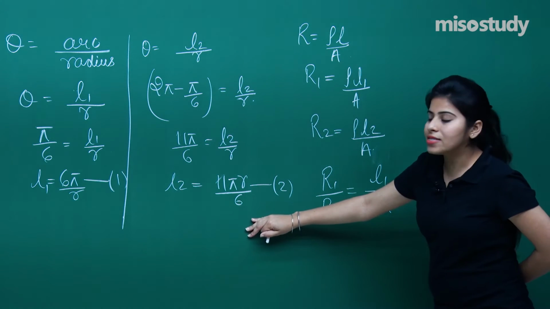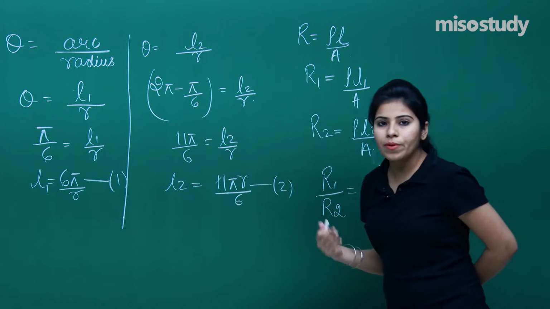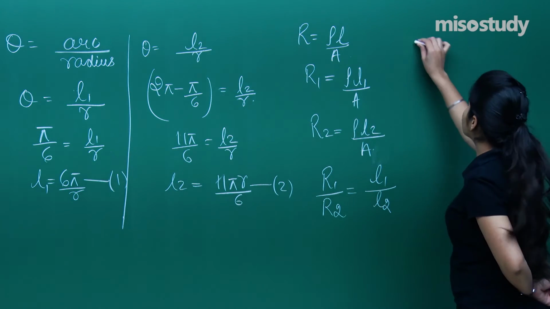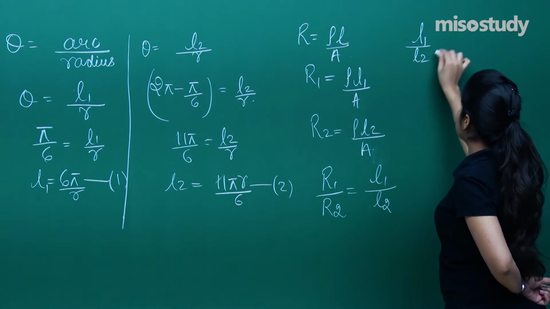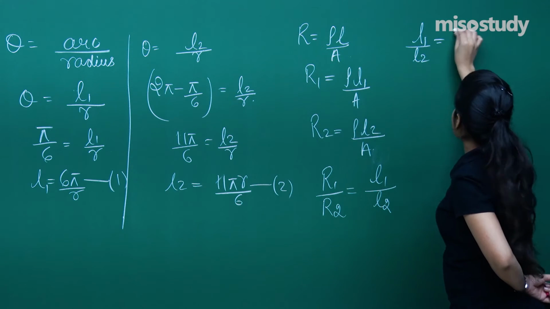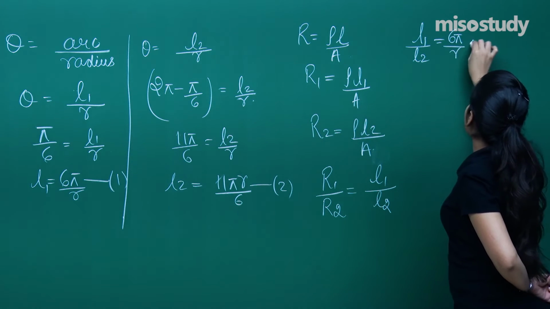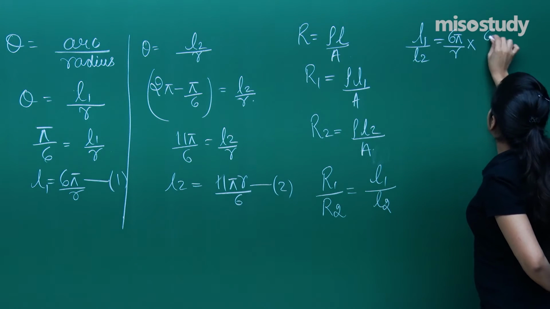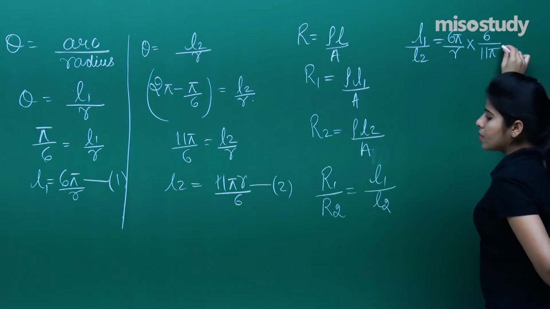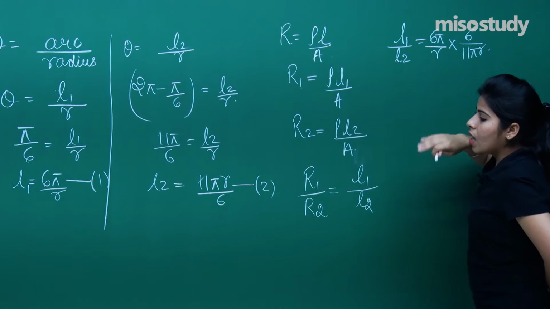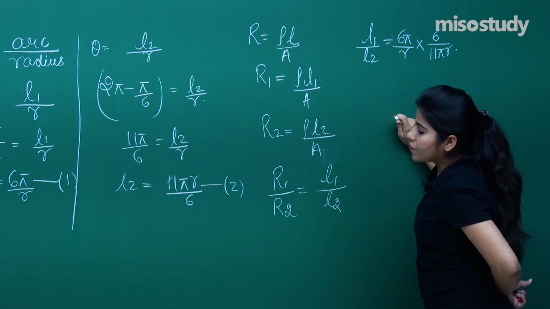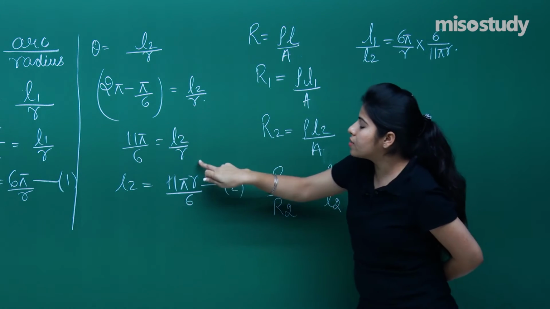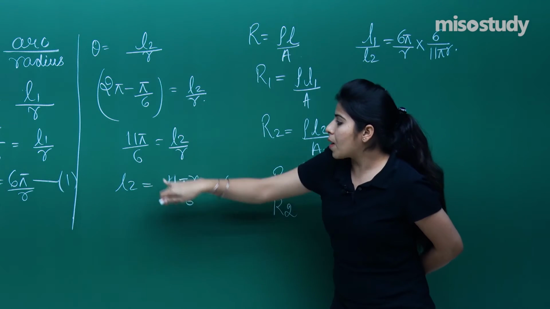Now if I want to find the ratio L1 upon L2, that will be 6 pi upon r multiplied by 6 upon 11 pi r. So definitely we will be having L2 as 11 pi r upon 6.